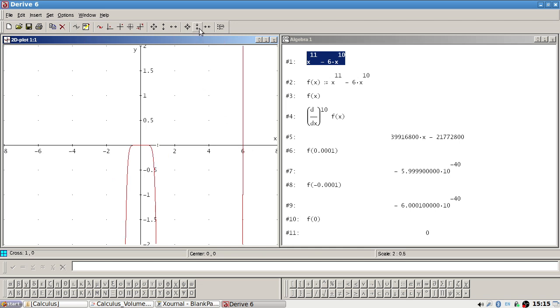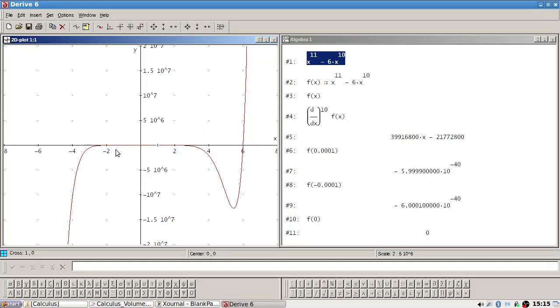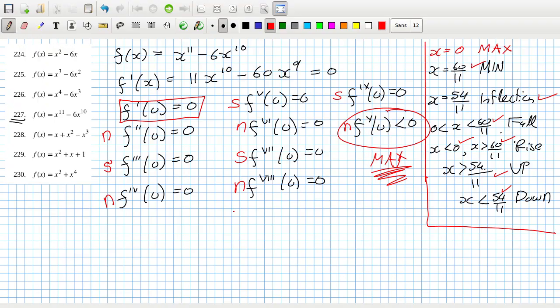Okay, there it is. There we go. Okay, so let's check our answer here. Max at 0, that looks right. Minimum at 60 over 11, that looks right.